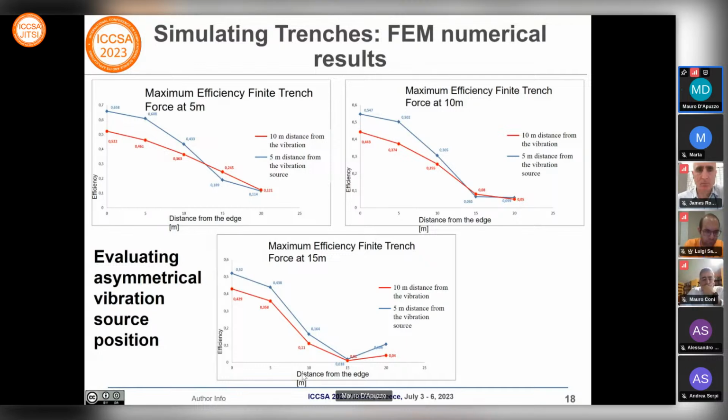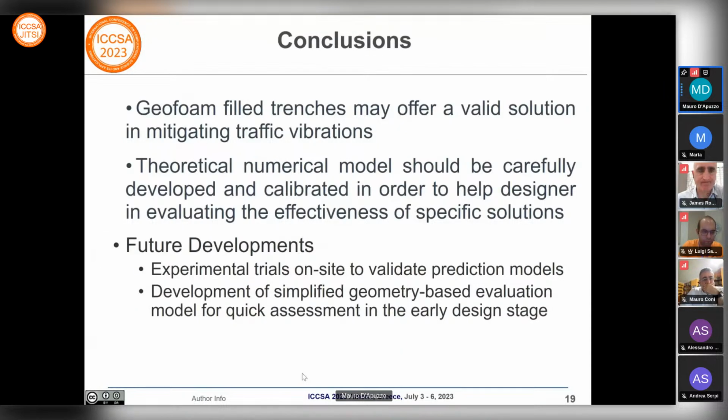So we just move the vibration source with reference to the position of the trench. And therefore, we came up with these other results where we can see that the screening efficiency is much more reduced for finite trench.